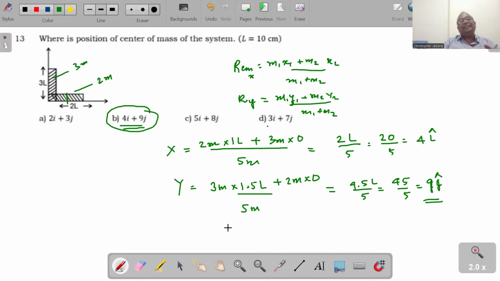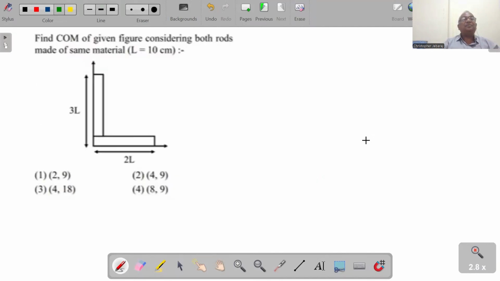The same type of question is asked in the next one also. We'll see that. Find the center of mass of the given figure, considering both rods are made of the same material, L equal to 10 cm, the same model. So if it is 2L, its mass can be taken as 2m, and if it is 3L, its mass is taken as 3m.